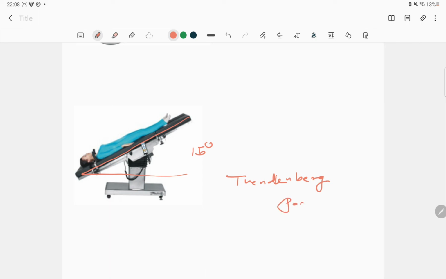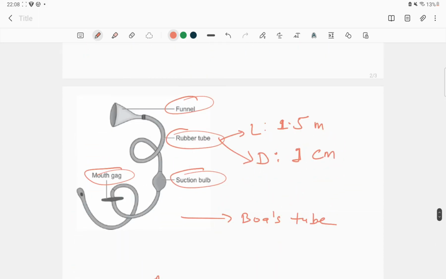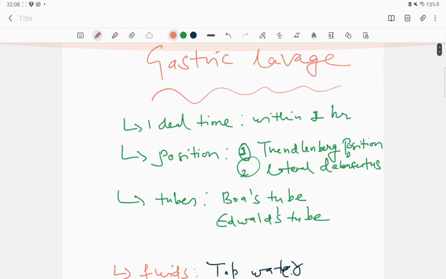This position is preferred in poisoning because it prevents aspiration, and it is very easy to do gastric lavage. So this was all about gastric lavage. Thank you very much.